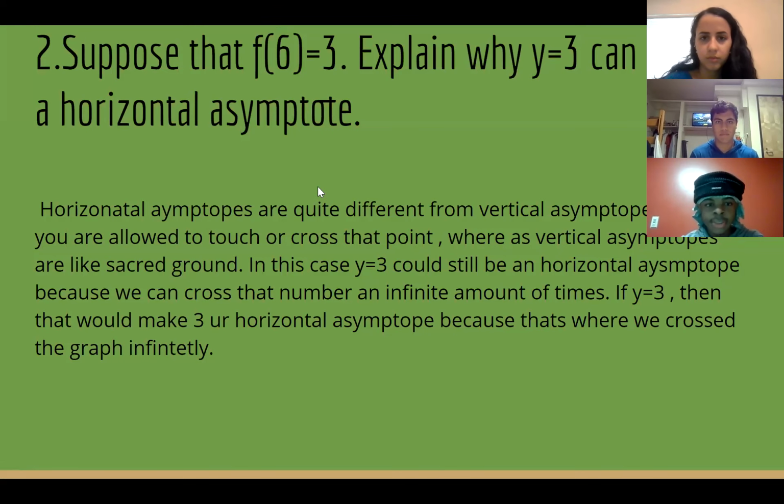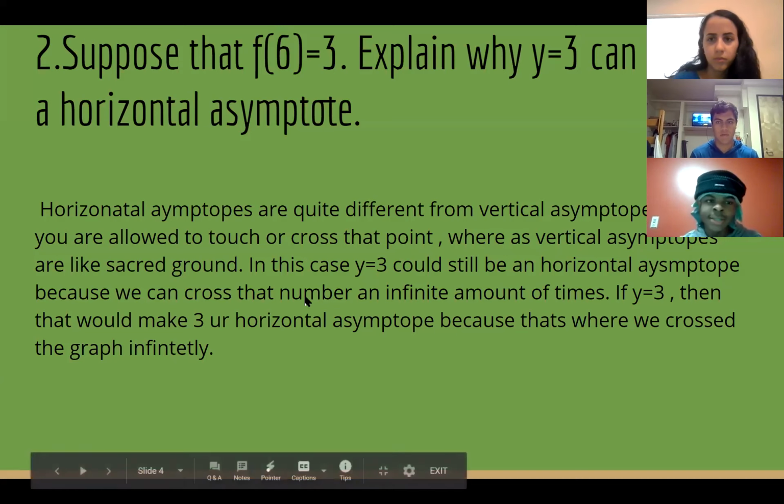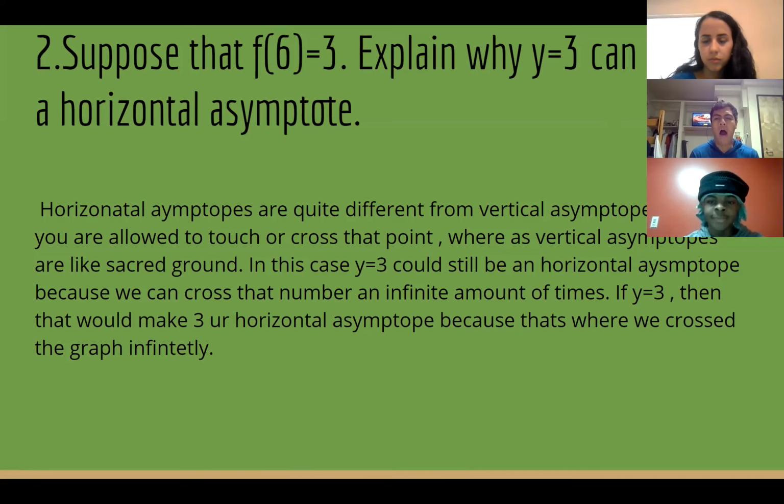The second question asks us, suppose that f of 6 equals 3, explain why y equals 3 can still be a horizontal asymptote. As I said before, horizontal asymptotes are different from vertical asymptotes because they can touch or cross that point, whereas vertical asymptotes are extremely like sacred ground, you cannot cross or touch them. So y equals 3 could still be a horizontal asymptote because we can cross that number an infinite amount of times.